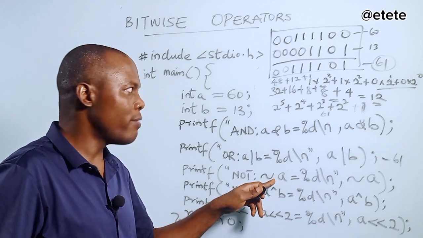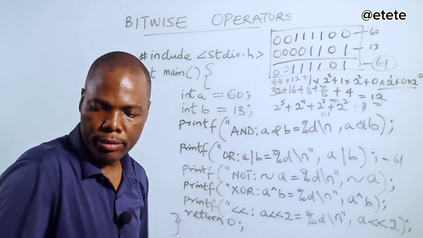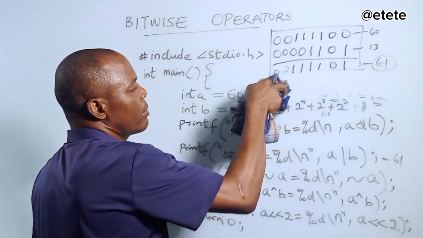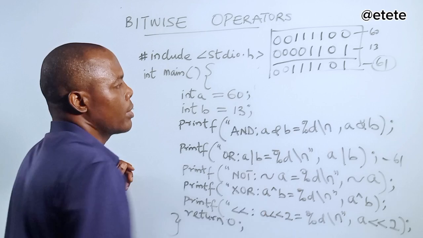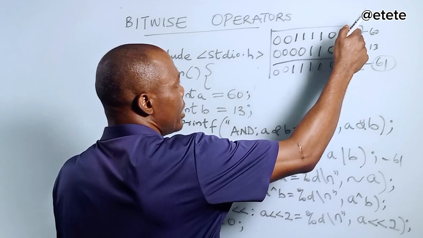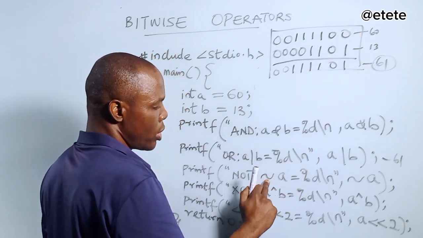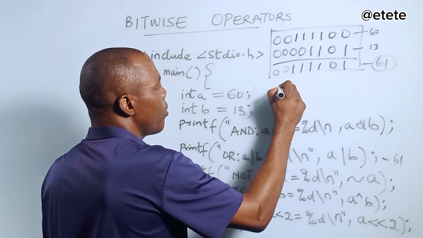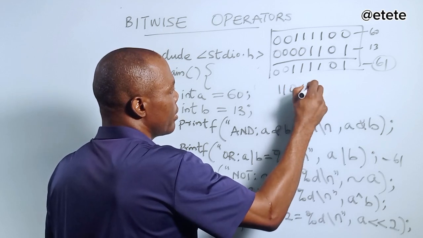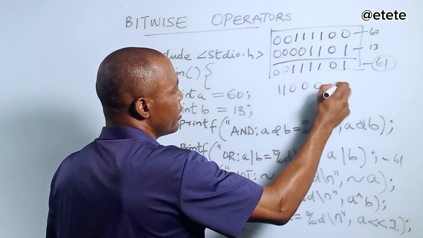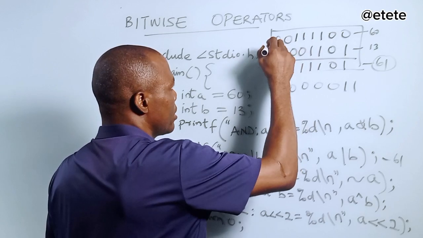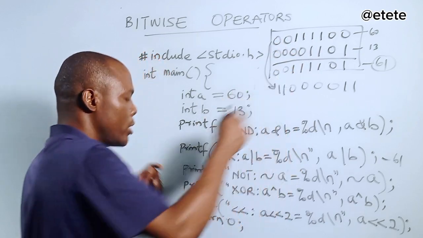This one is going to invert everything that is A. Now, this is A. This is A. So this NOT A will now be 1, 1, 0, 0, 0, 0, 1, 1. Which is this one. NOT A will be this.